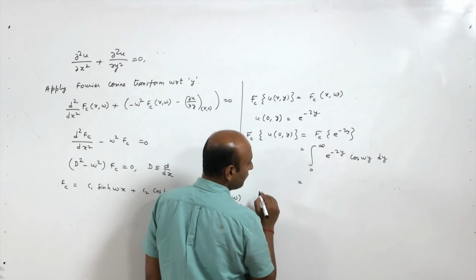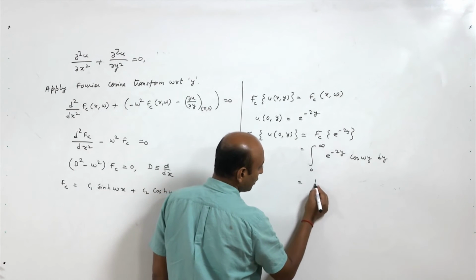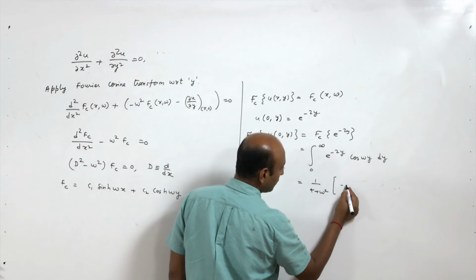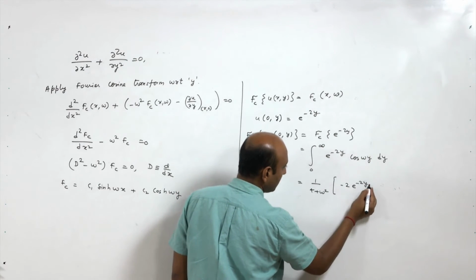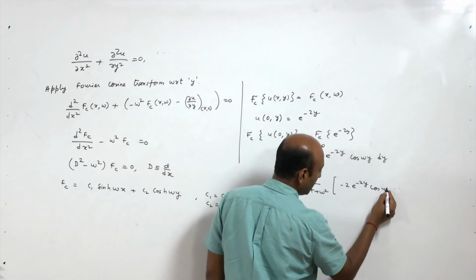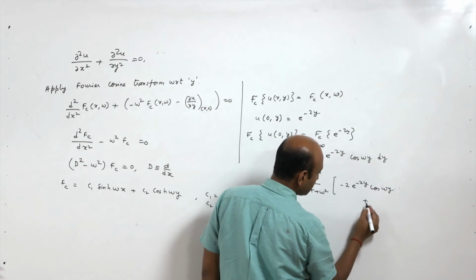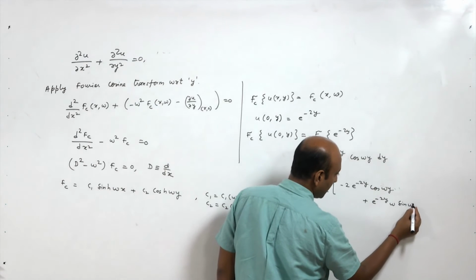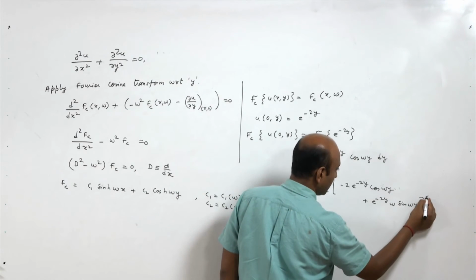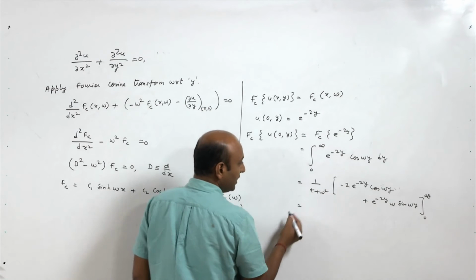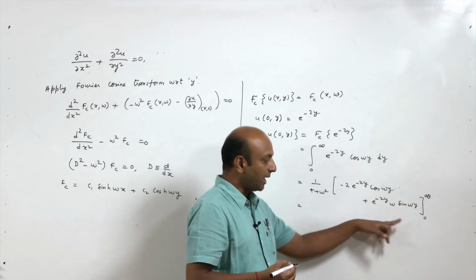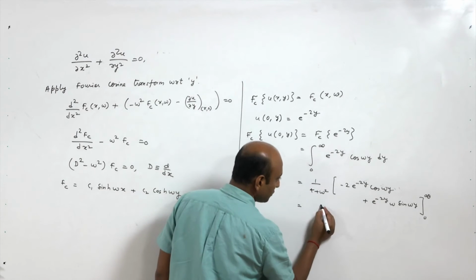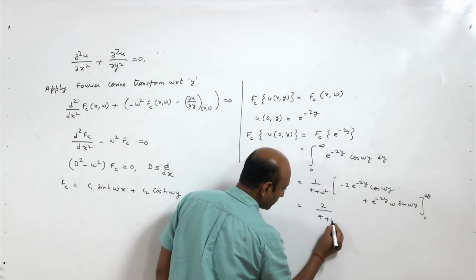When you integrate it, what will we obtain? It is 1 upon 4 plus omega square, and integrating again, we get minus 2 cos omega y plus e to the power minus 2y omega sin omega y from 0 to infinity. At infinity both tend to 0, and at 0 we get 1 and minus minus plus. So, it is 2 upon 4 plus omega square.